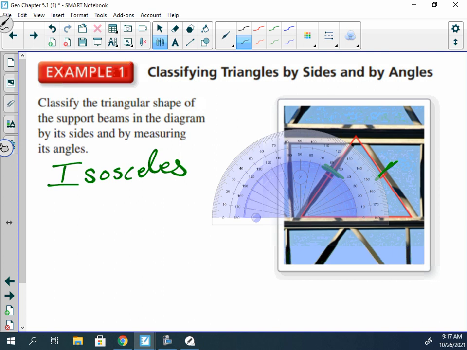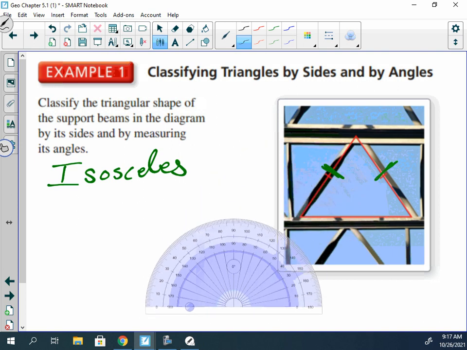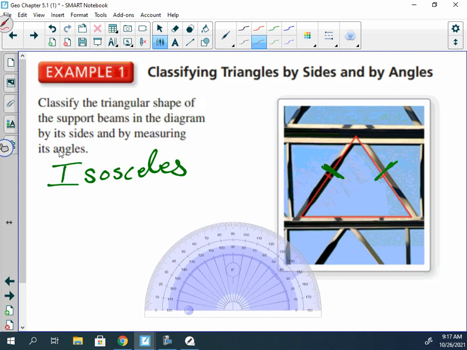If we took our protractor and measured it, this angle here is going to be 55, and it works out that these two here are both 55 degrees.